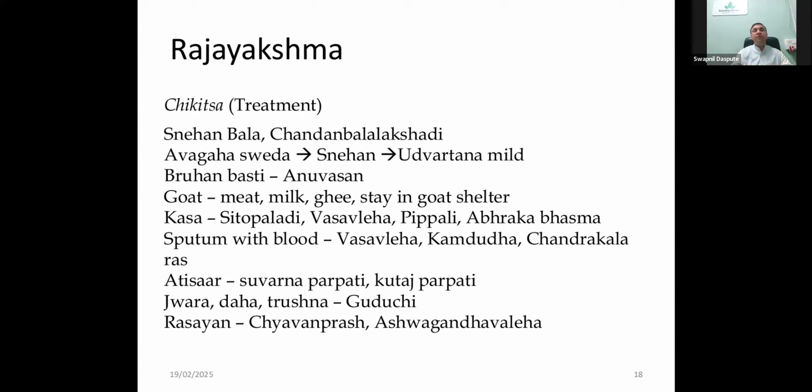Where he stays, even that room, that hut, a lepana of the feces of the goat should be used for the floor and the walls. This is what is told in the classical textbooks, and it helps to heal Rajakshma faster.